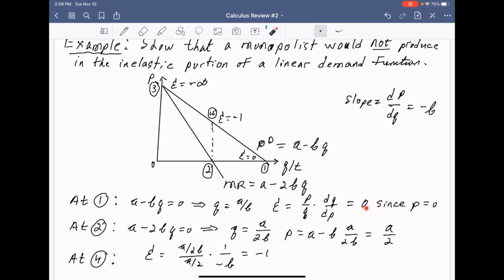The elasticity then is 0 because that P is equal to 0. At point 2, we have A minus 2BQ equals 0. Q is equal to A over 2B now, and the accompanying price we can determine would be A minus B times Q, where Q is A over 2B, and the price is then A over 2.